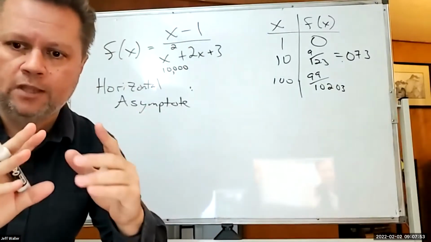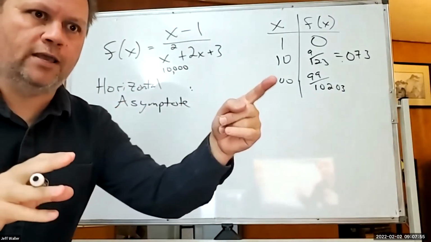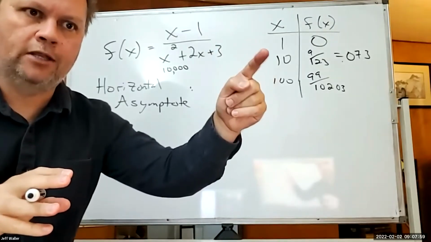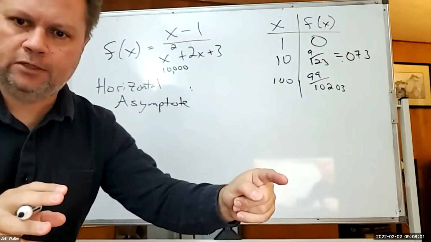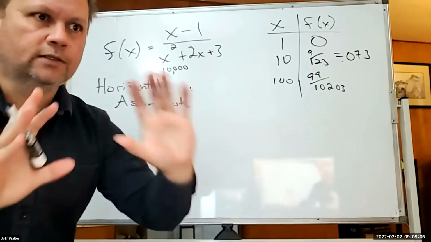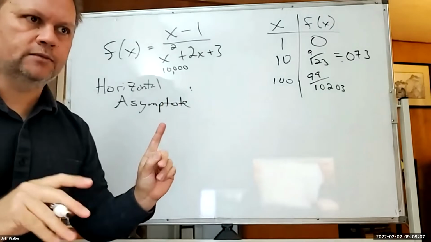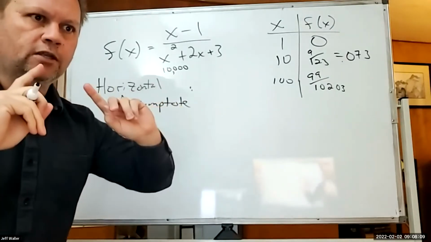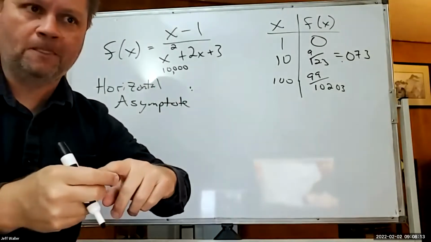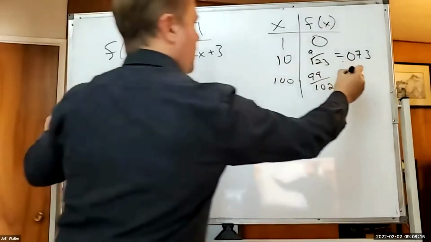What's happening? So does anybody not understand why I'm making this table and why I'm doing this pattern here with the x's? Is everybody cool with what's happening? Okay, because the idea behind a horizontal asymptote is what happens to the function when x gets really big, positive or negative. So somebody help me out. What's that?